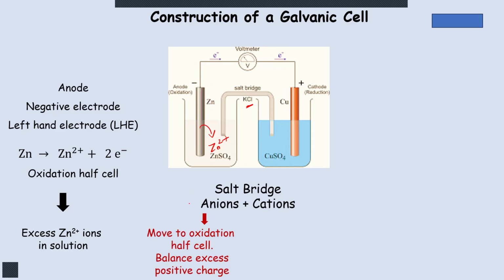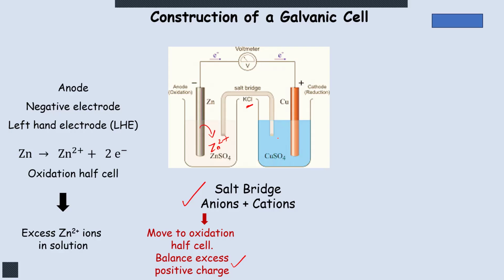So anions such as chloride ions from the salt bridge move into the zinc sulfate solution and balance the excess positive charge. So this is what happens on the left hand side. Now let us see what happens on the right hand side. On the right hand side, we have the copper half cell where more of reduction takes place.